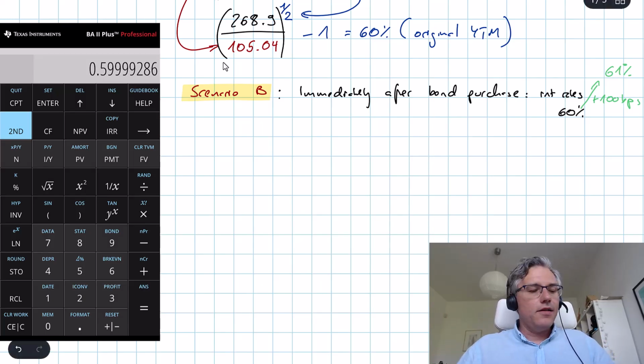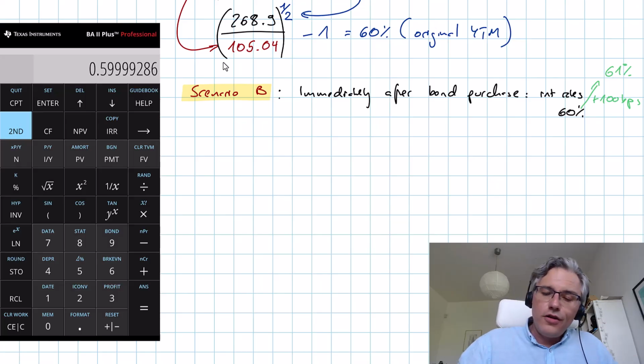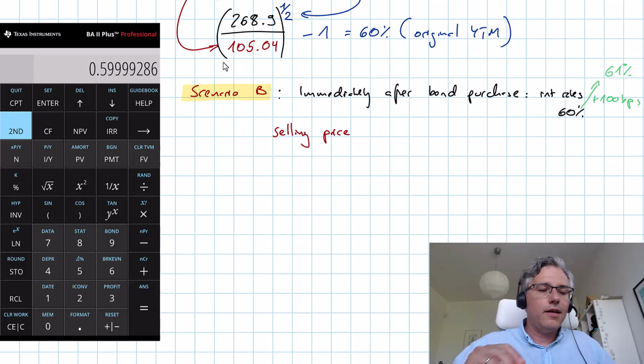If that were the case, we need to compute a completely fresh selling price. So, what would that be?